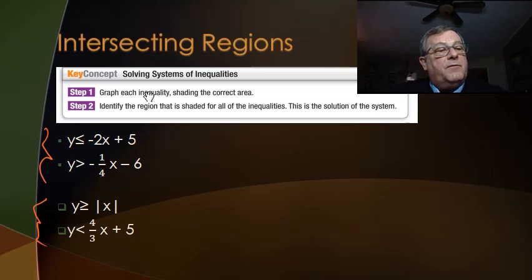If plugging in 0 for x and 0 for y gives us a false statement, then we shade the opposite side. And so when we're looking at systems of inequalities, we're going to do the same thing, but we're looking for a region that is shaded for both inequalities. And if that's the case, then that is the solution to our system of inequalities.